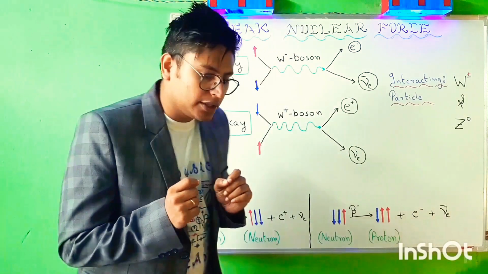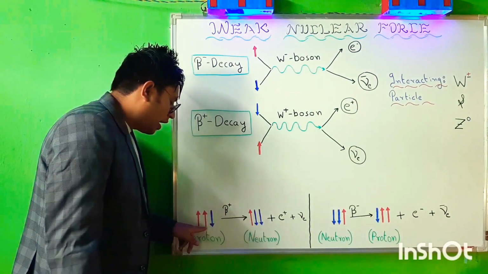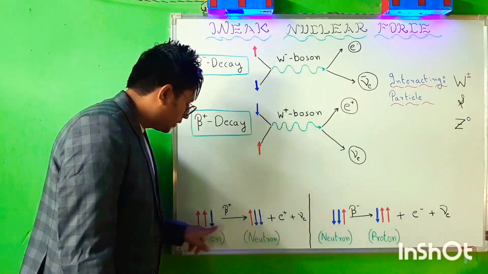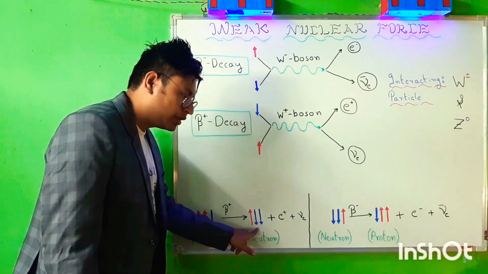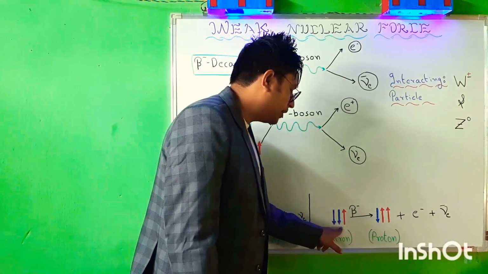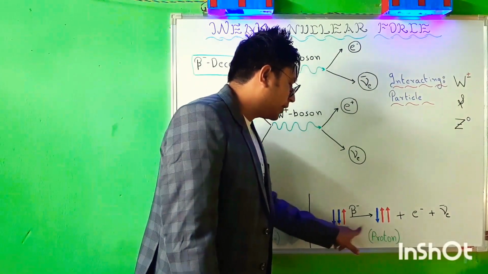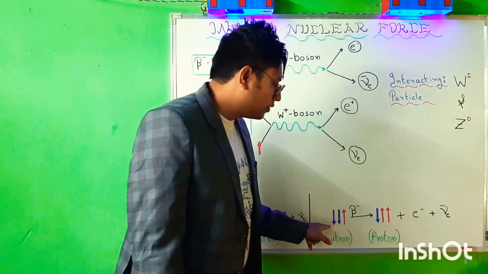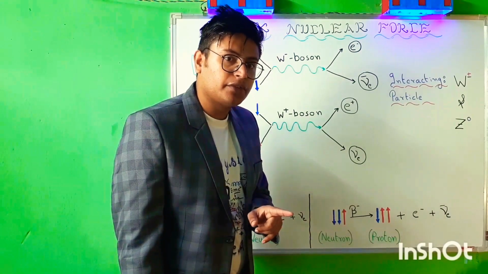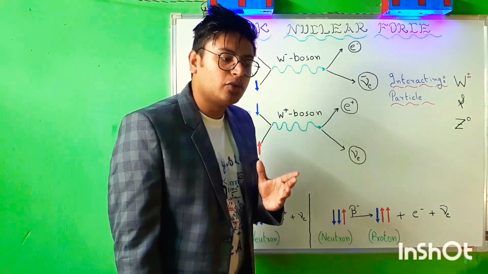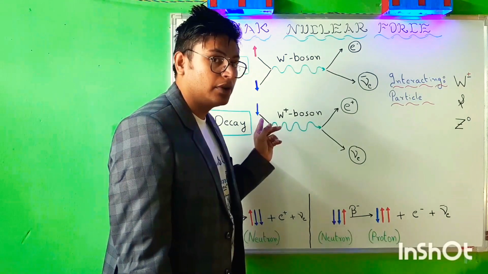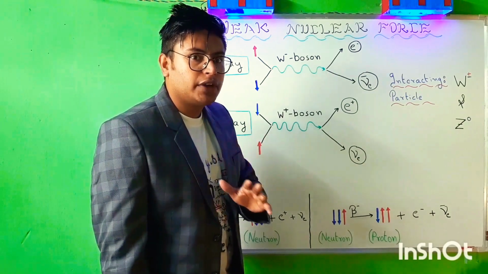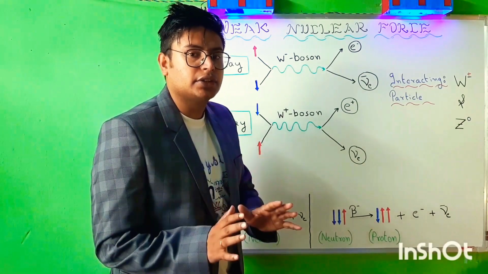Okay, as we had discussed, how can a positively charged particle change into a negatively charged particle? An up quark is positive, a down quark is negative. And in the case of beta minus, a negatively charged particle changes into a positively charged particle. Till now there was a violation of conservation of charge, but now you are going to interact this particle with this particle, that is going to tell you that no, the charge conservation is not violated, it is still conserved.